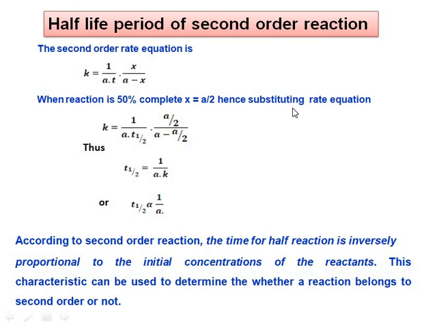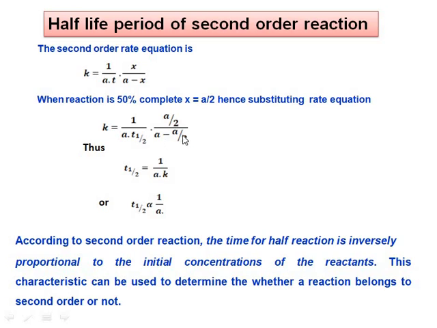Putting this value of x, the equation becomes k equals 1 upon a into t half, into a by 2 upon a into a minus a by 2.